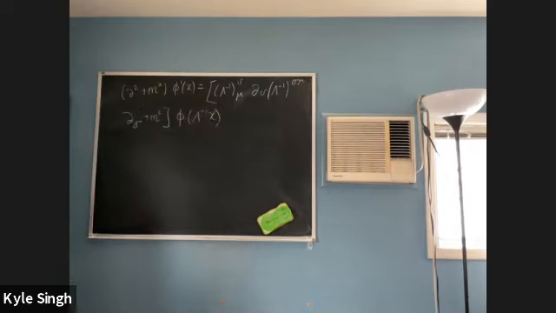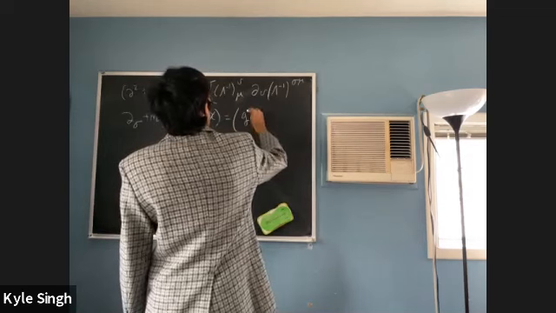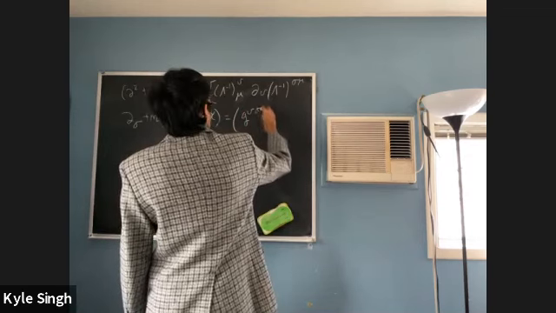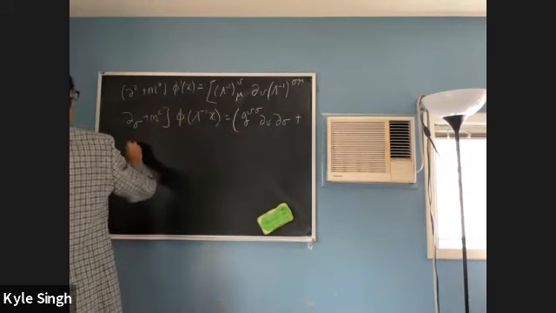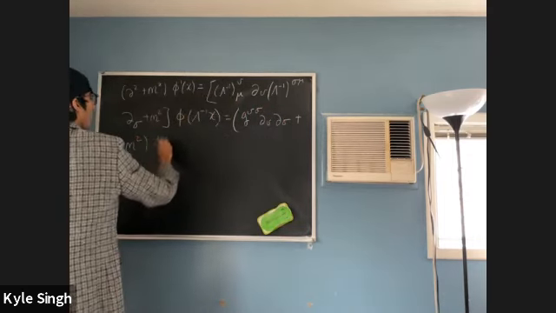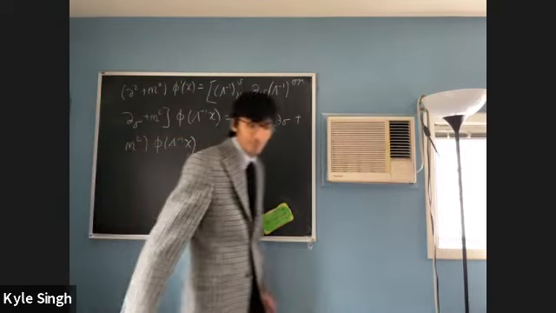Now I've got to do my contractions. I get g^νσ ∂_ν ∂_σ φ plus m squared φ at Λ^-1 x, which again is just the same thing. I've just shifted everything.